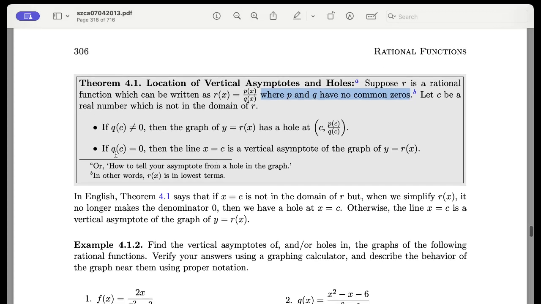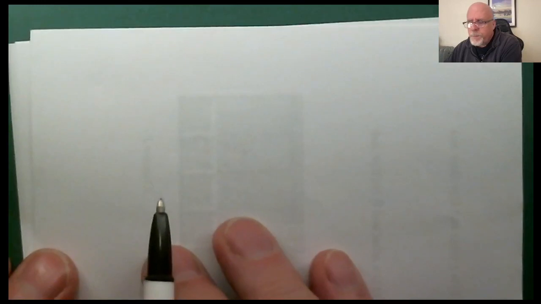Well, anyway, p and q are the polynomials, right? So if the bottom at c is 0, then you've got a vertical asymptote at c. Let me state it differently, because I do think the book has got a flaw right there. We'll write this down. All right, so what's the problem?